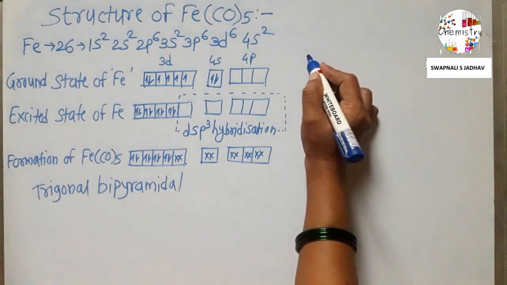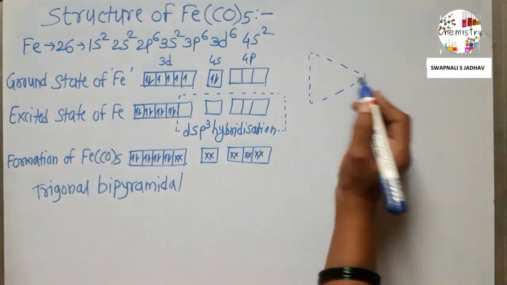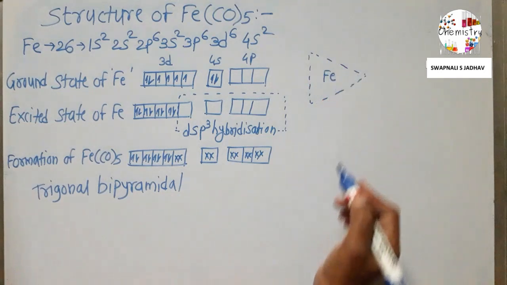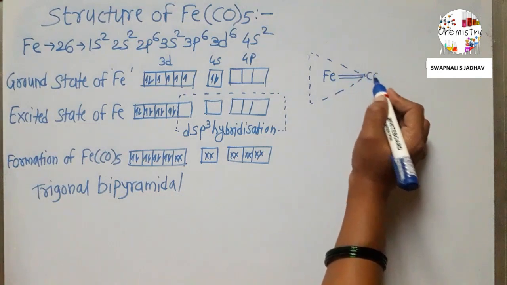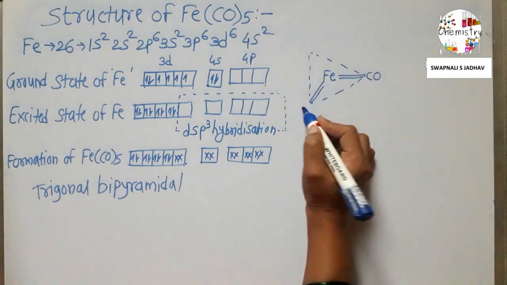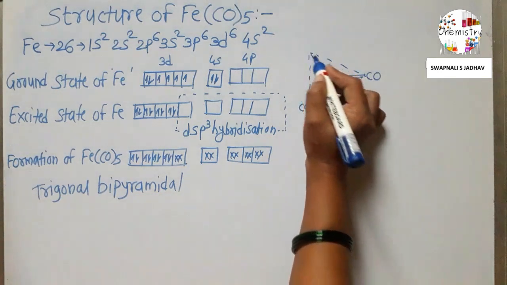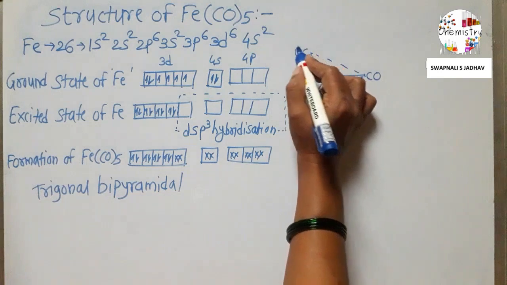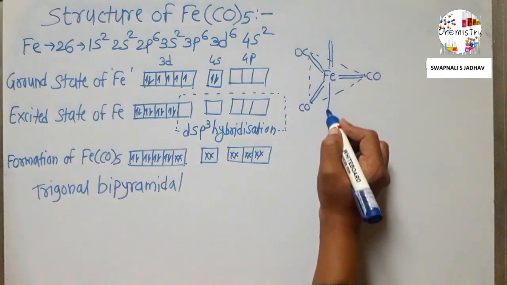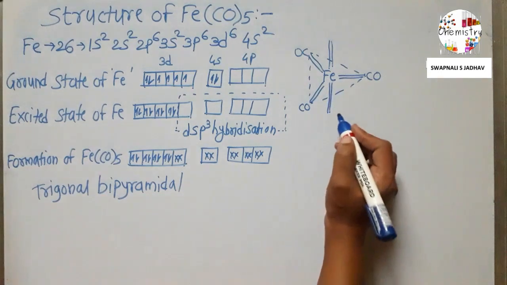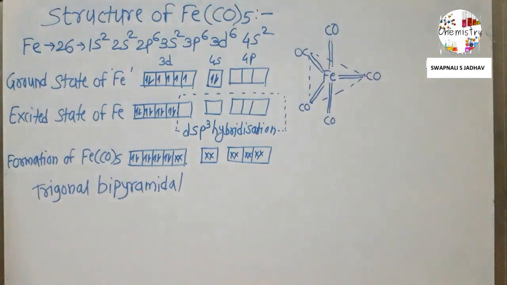Okay, so how is it represented? TBP, Fe(CO)5, CO. This one is equatorial CO. 3 COs are equatorial and 2 COs are at axial positions.